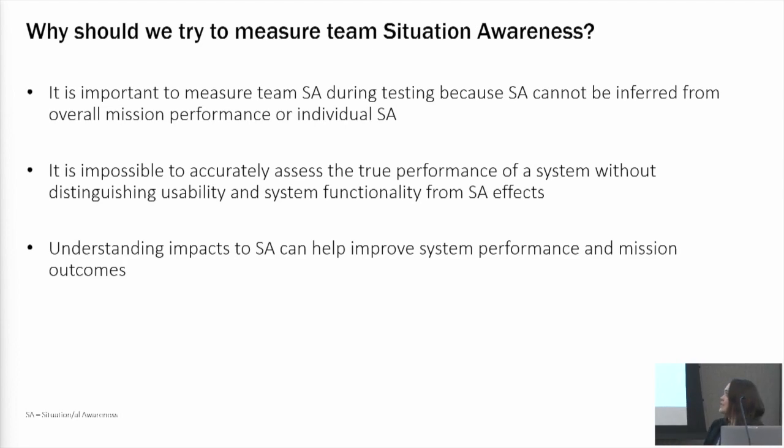People try to do this and it tends to not work out well. People try to improve systems without having an idea of how they affect situation awareness to begin with, and that can often lead to negative performance outcomes or be a detriment ultimately to the ability of that system to enhance performance and mission outcomes.